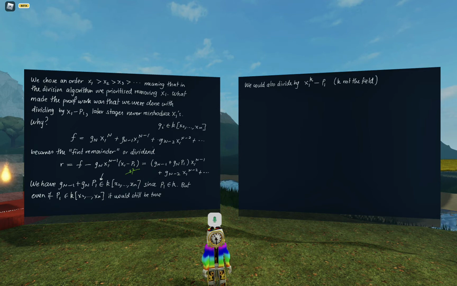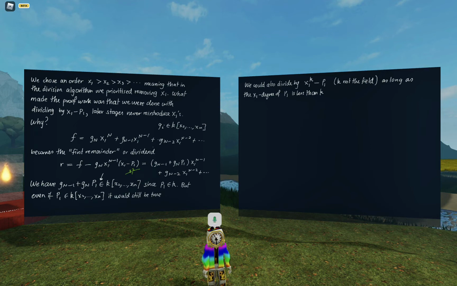So you could also divide by this polynomial as long as the x1 degree of P1 is strictly less than k. Now what do I mean by that? I mean that no monomial of P1 contains a power of x1 which is equal to k or greater.